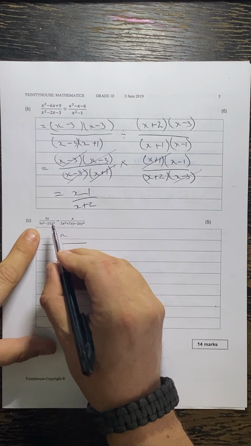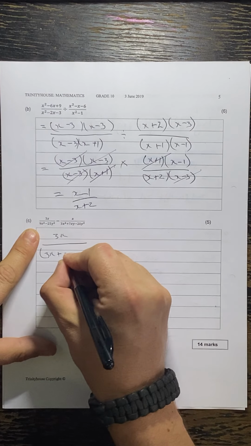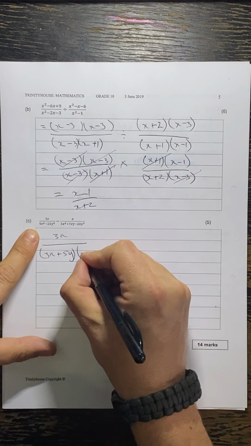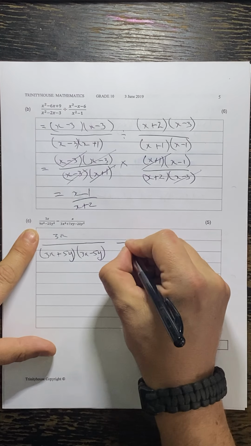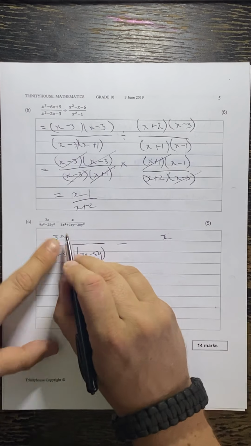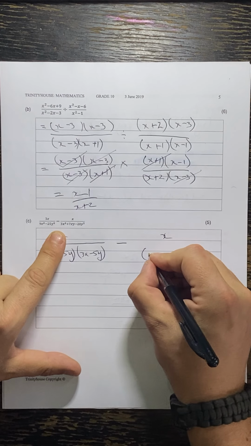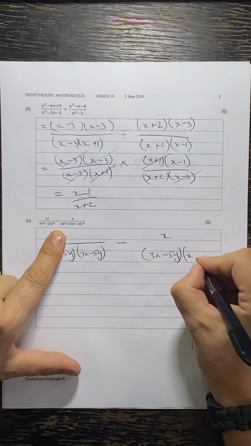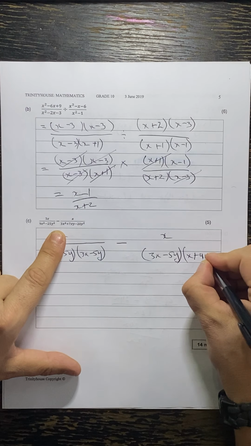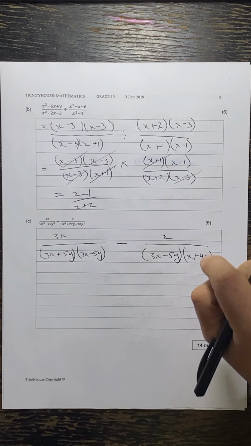This is a difference of 2 squares, so it's going to be 3x plus 5y, 3x minus 5y, minus x. This is a trinomial, so to factorize this trinomial, it would be 3x minus 5y, and then we've got x plus 4y. Okay, guys, again, brush up on your trinomials.